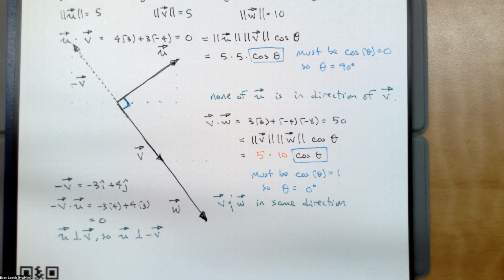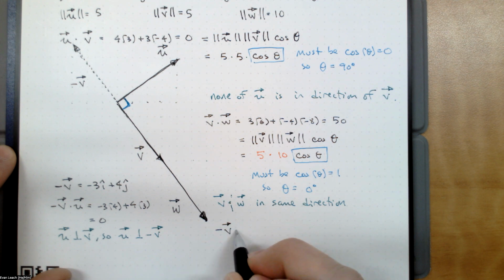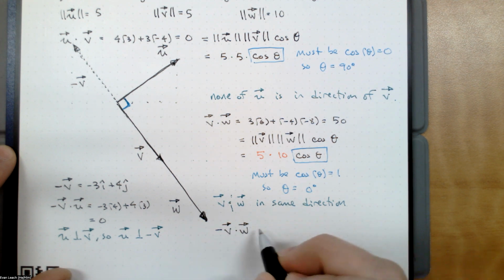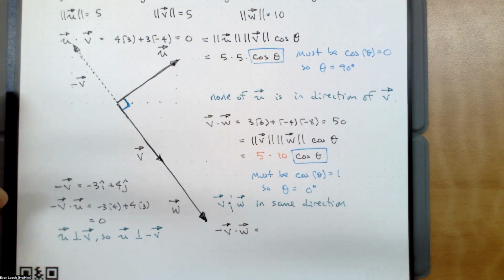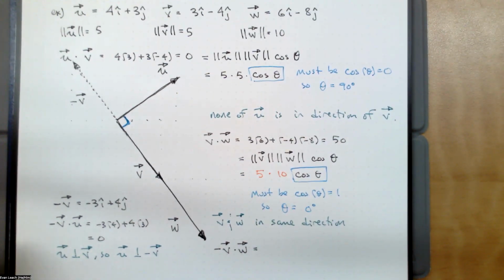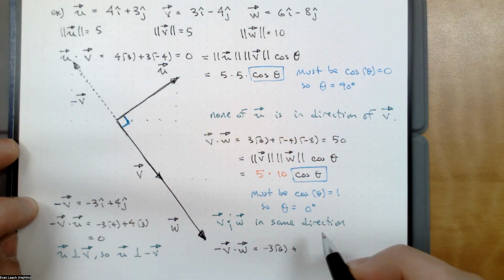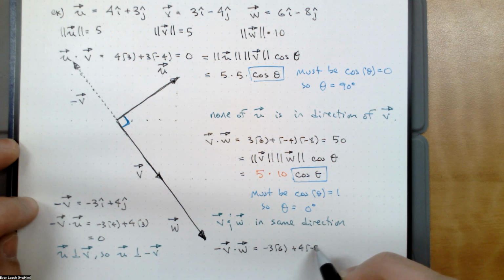If we look at negative v dot w, so I got negative 3 times, let's get w back on the picture here. I get negative 3 times 6 is negative 18, and 4 times negative 8.